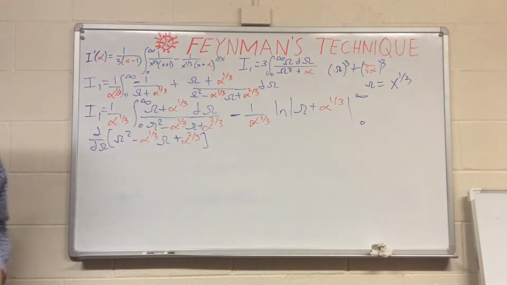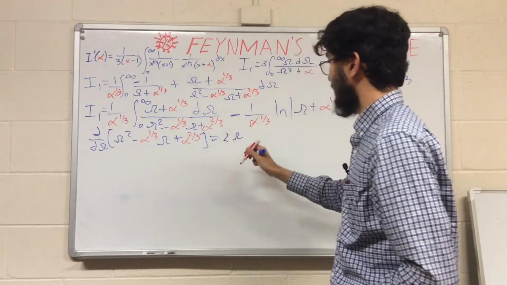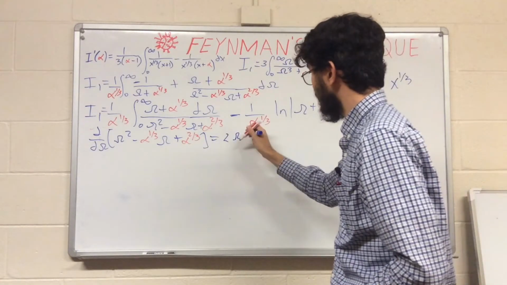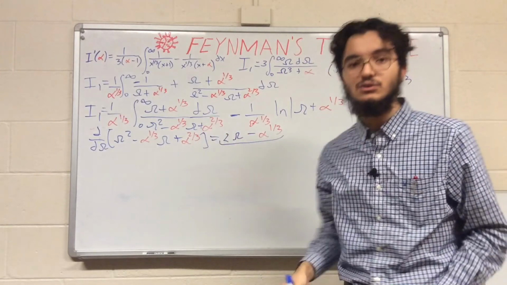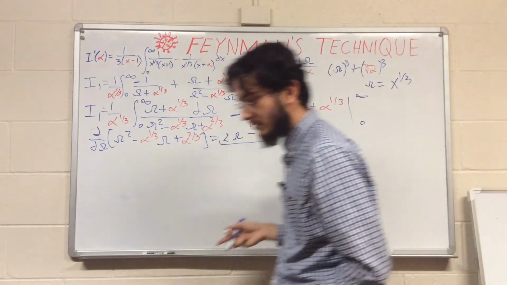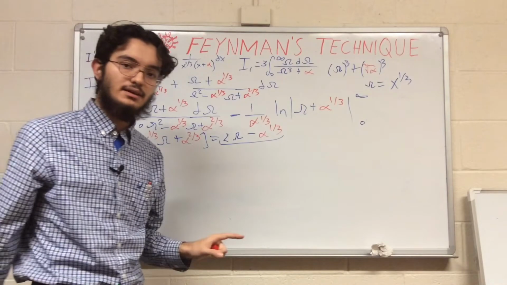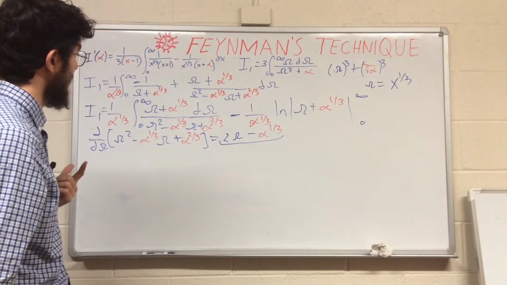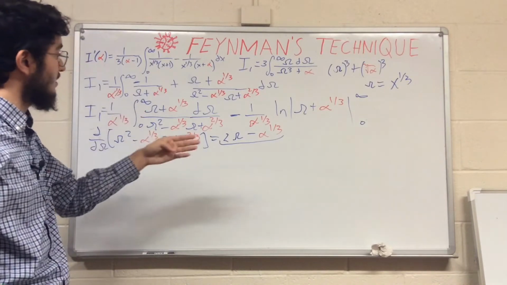And that's nothing but 2 times omega, then minus alpha to the 1/3. This over here is the key to solve this easily, because if we somehow take advantage of that and make the numerator equal to this derivative, then we can use U-Substitution. We can use any substitution really, and then we can make it easy to solve.